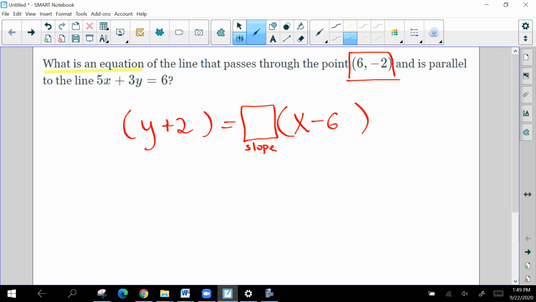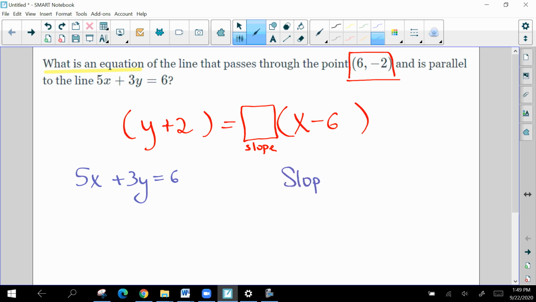The only other thing we still have to figure out is what slope we will need in order to ensure that the line is actually parallel to the 5x plus 3y equals 6. Well, it would help us to know the slope of this line that they gave us. So it's 5x plus 3y equals 6, right? And the question is, what is the slope? I'm going to write that down.